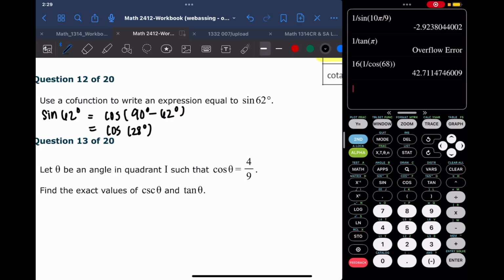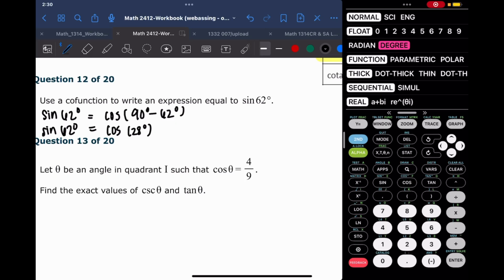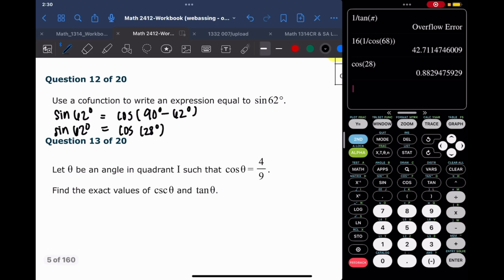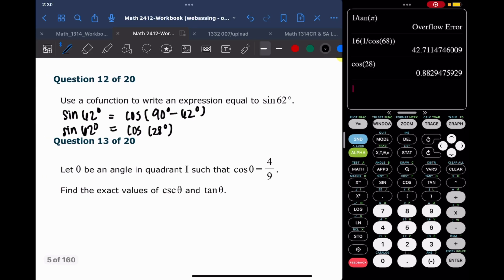And then when you put that into the calculator, oh, we want to make sure we're in degree. That's going to be 0.8829.